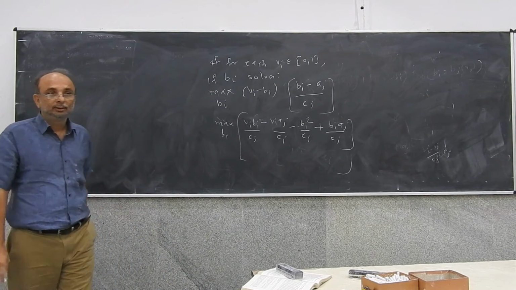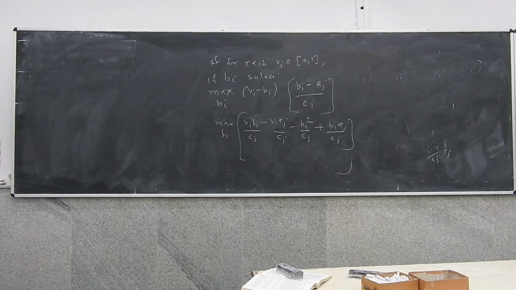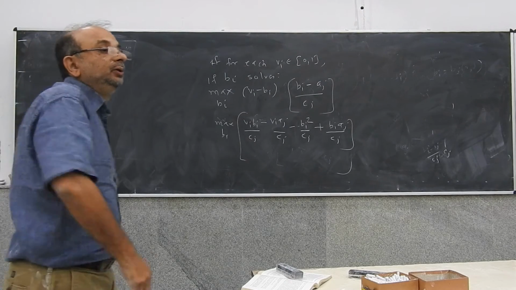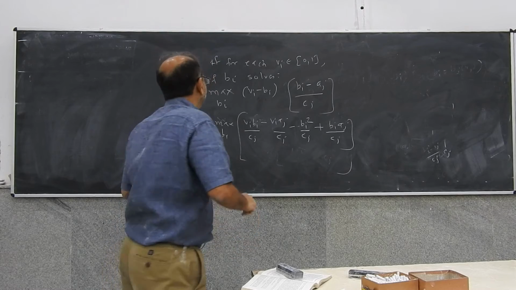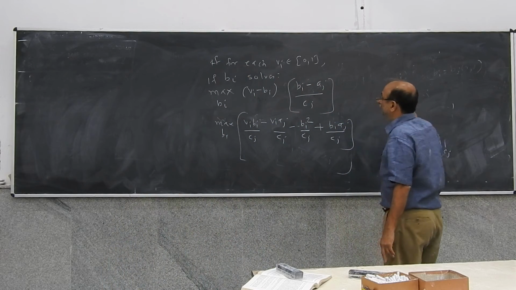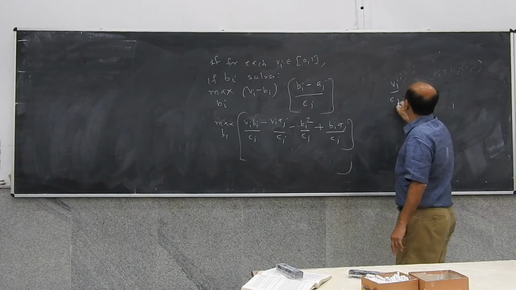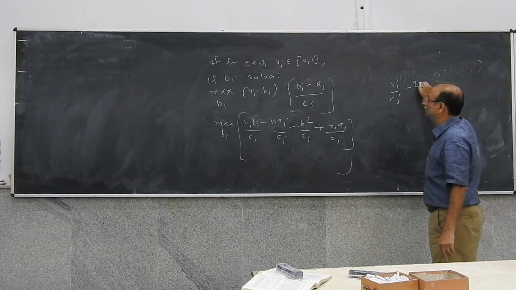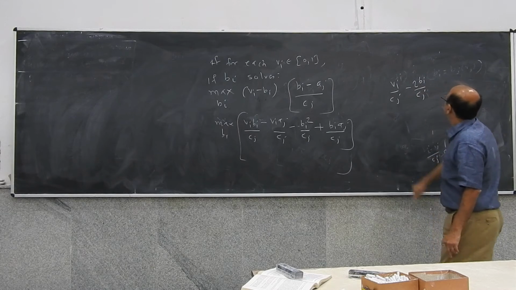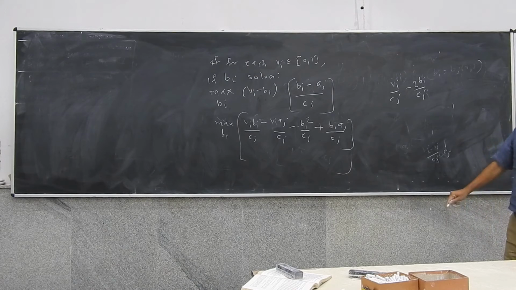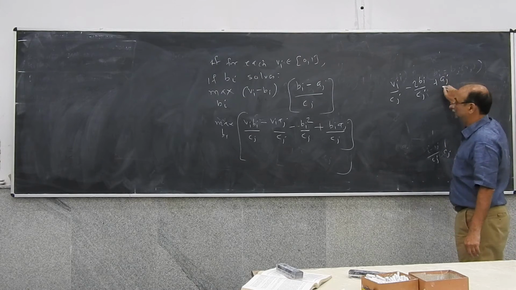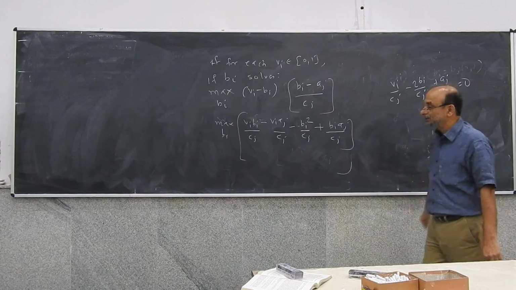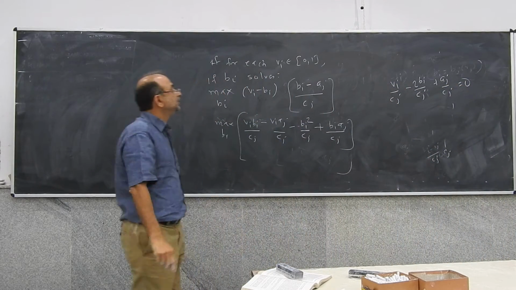How do you solve this? You differentiate with respect to Bi and set that derivative equal to 0. By setting the derivative equal to 0, you get Bi upon Cj minus 2Bi upon Cj plus Aj. This is the first order condition.